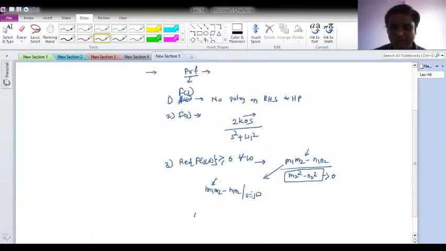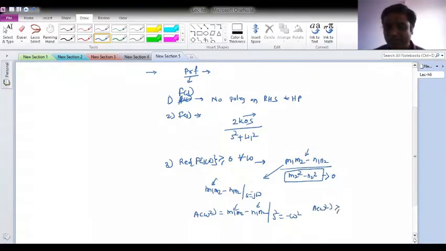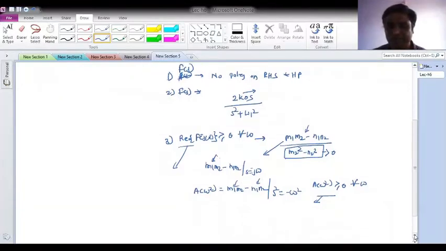This polynomial I will get in terms of A of omega square, which will be m1 m2 minus n1 n2, because of the even nature. I will evaluate this at s equal to minus omega square, and if A of omega square is greater than or equal to 0 for all omega, then the third test, that is the real part of f of j omega, will be successful.